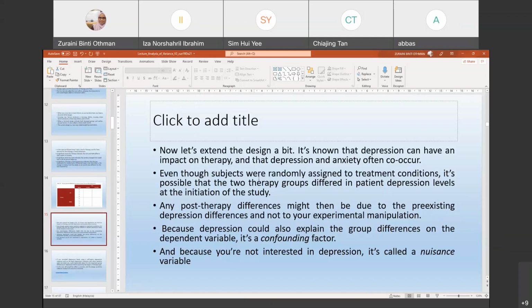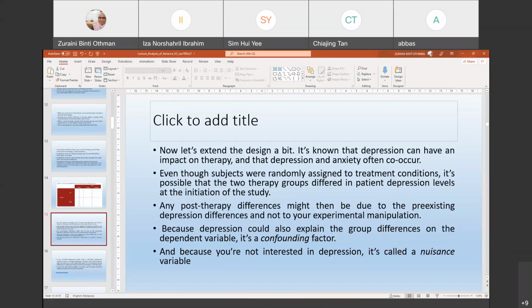Even though subjects were randomly assigned to treatment conditions, it is possible that the two therapy groups differed in patient depression level at the initiation of the study. Then any post-therapy difference might be due to the pre-existing depression difference and not to your experimental manipulation. Because of this, depression could also explain the group difference on the dependent variable.